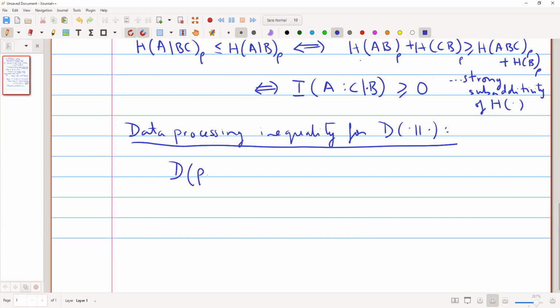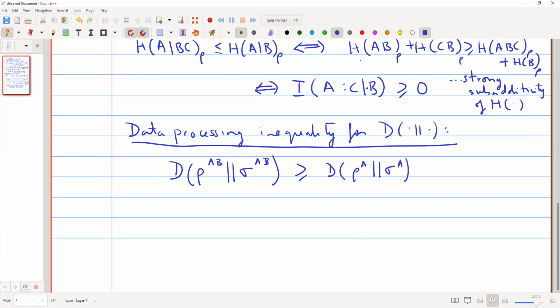The simplest way of stating it, I'm writing the quantum analog: take two density matrices in the space A tensor B. Now if I trace out the system B, so in other words, I'm only looking at the marginal on A, that will reduce the relative entropy. So this is the statement that I write.